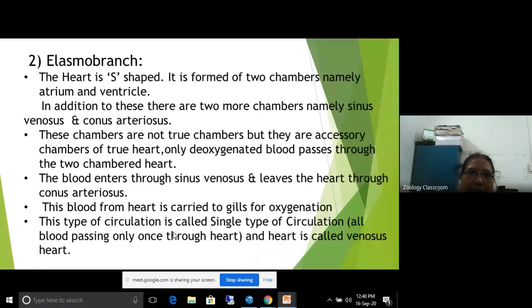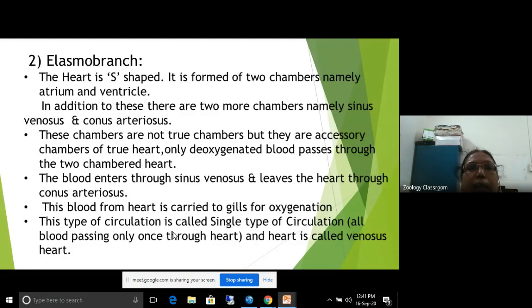In fish there are two groups: elasmobranch and teleost, the bony fish. In elasmobranchs, for example in Scoliodon, the heart is S-shaped and only two chambers are present.